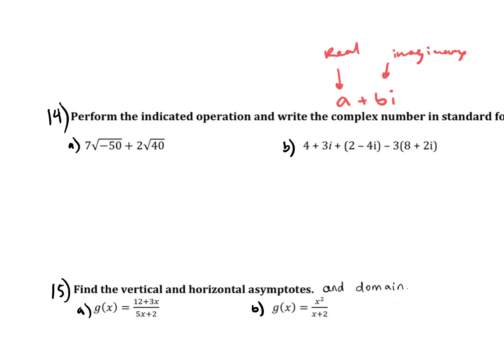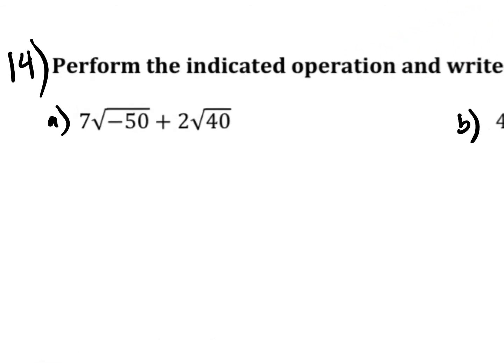So first thing we need to do is simplify our radicals, see if we can combine them at all. So I have a negative under my radical. I can take that out as an i. And then what are 2 factors of 50? 25 and 2. And 2 factors of 25? 5 and 5. So I have a pair of 5s that'll come out.